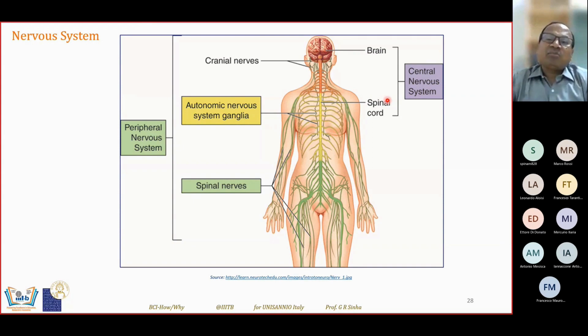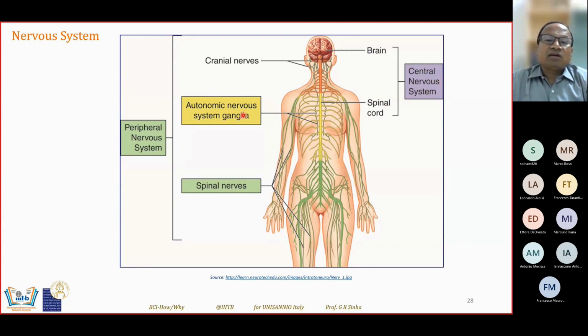There are some research contributions indicating that using even the brain signal, some possible treatment of difficulties related to the spinal cord is also possible. Therefore, the central nervous system not only includes the brain, but the spinal cord is also included in it.